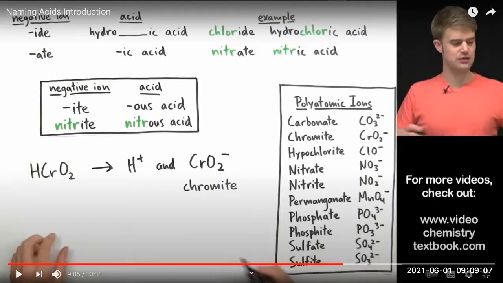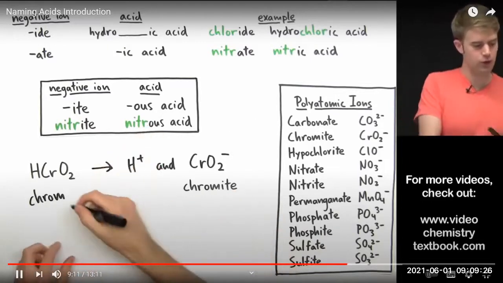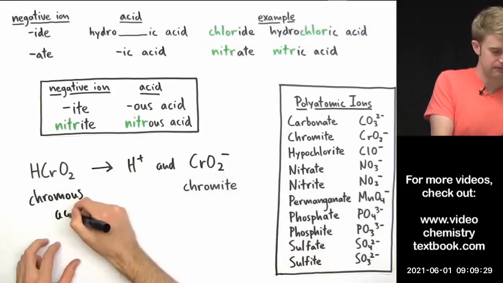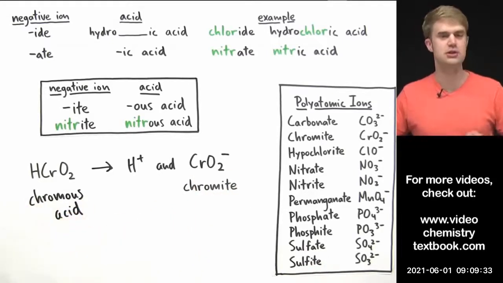Instead of chromic acid, if it ends in -ite, you have to replace it by -ous. Chromous acid. I replace it with -ous, and then I add acid. So it has chromite in it. We call it chromous acid.